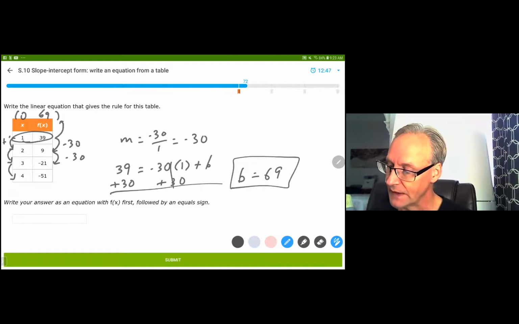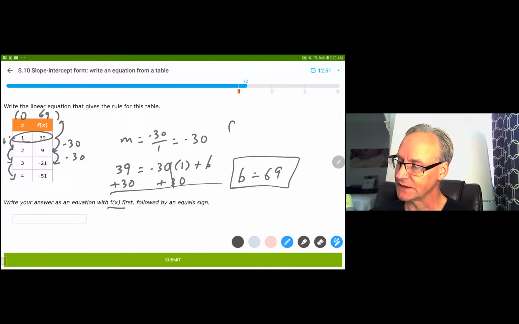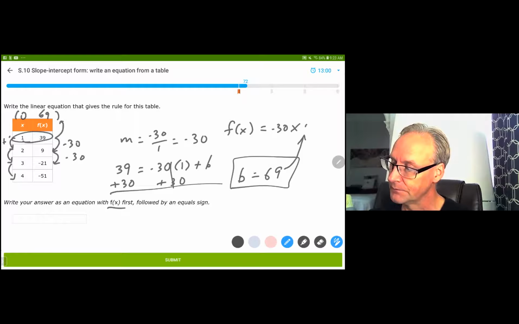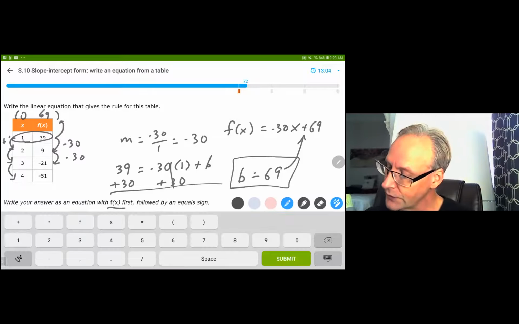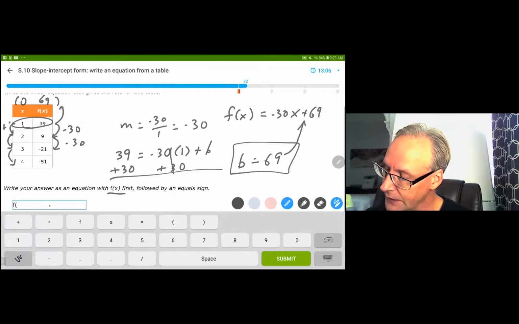So we're supposed to write the f of x first. I should have been writing it in f of x form because that's the way it's written. So f of x is equal to negative 30x plus the 69. Not a real obvious one. So we are using f of x is equal to negative 30x plus 69.